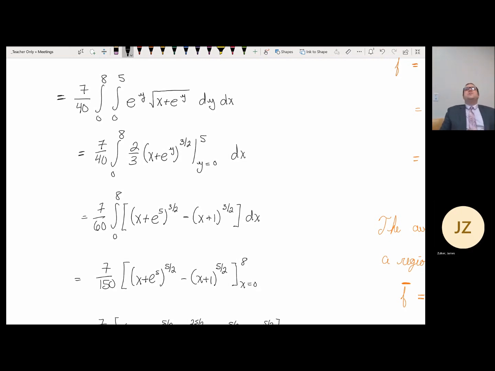However, that only works if the derivative of your substitution doesn't involve x's. If that had been x squared plus e to the y, we would not have been able to do that. That would have required the use of a Jacobian.